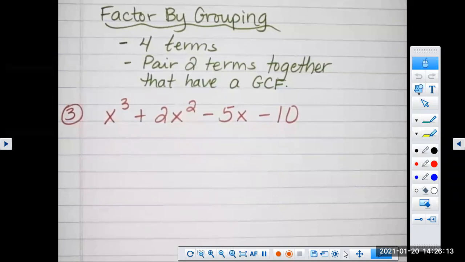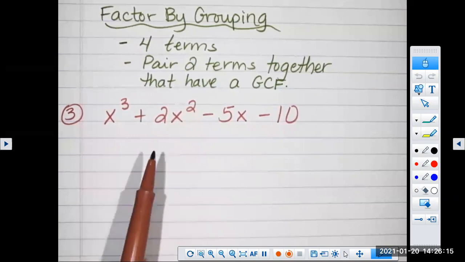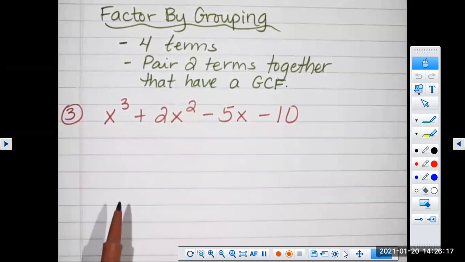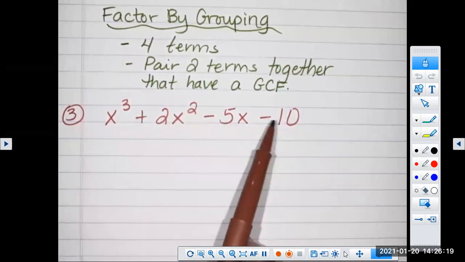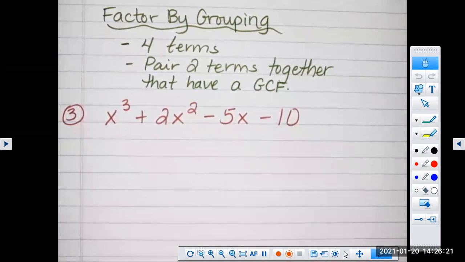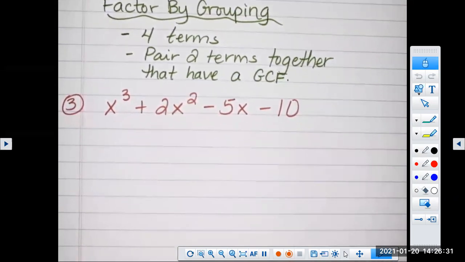Okay, so in number 3, you have 4 terms. They all don't have something you could factor out to begin with, and there's nothing to combine. So the next step, what you want to look for, pair 2 things together that have something in common.